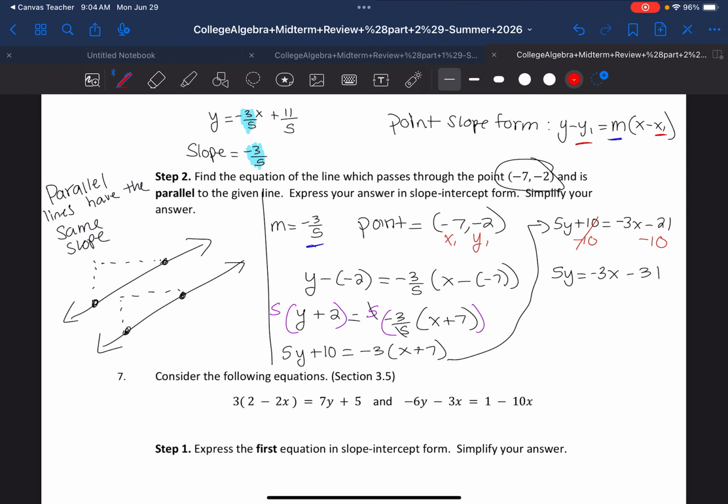And then I will divide everything by 5. So y will equal -3/5 x minus 31 over 5. So this is the equation of the line that is parallel to the other line. Notice they do have the same slope still, -3 over 5, but they will have different y-intercepts. But that's the final answer there.